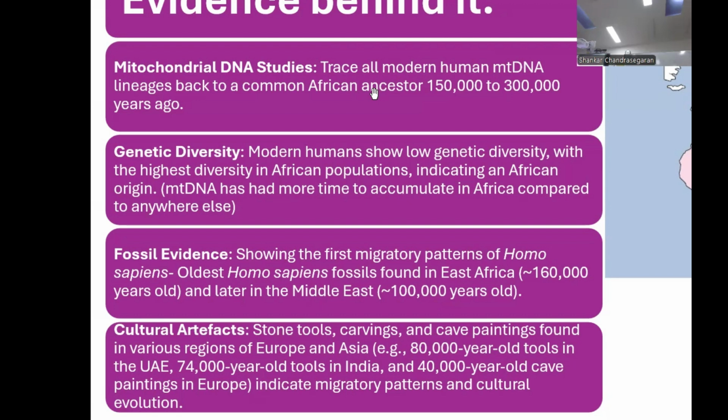Whereas when we study the mitochondrial DNA of people in Africa, we can see there's a higher amount of diversity, indicating that there was a long period where Homo sapiens evolved and stayed in Africa, accumulating mutations in their mitochondrial DNA, showing a higher diversity of it, whereas people who migrated out of Africa did so not too long ago, so they still haven't accumulated that many mutations in their mitochondrial DNA.